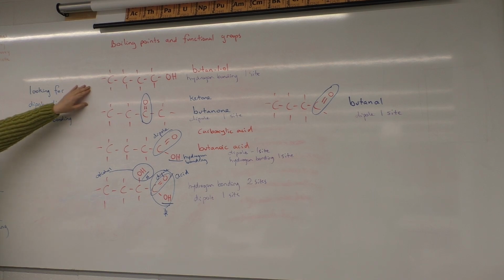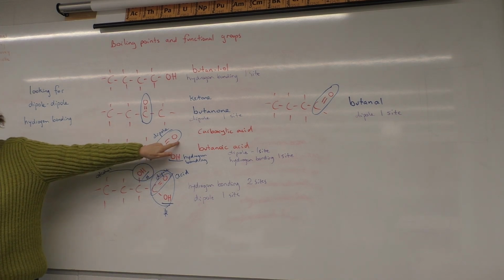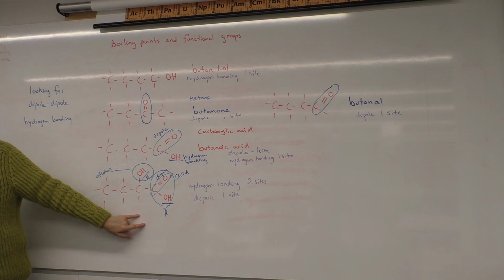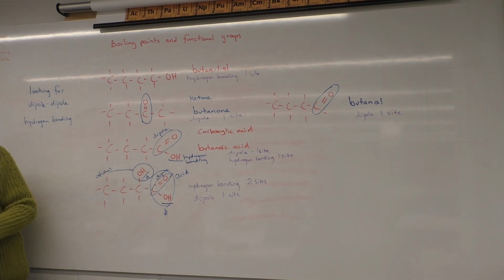Yeah, so it's only got that one kind of attractive force between other molecules. This one's got that and something else. And then what about this one? This will be the highest, won't it? Yep, because it's got 2 sites for hydrogen bonding as well as a dipole. So that's the kind of thing that we're looking at when we're trying to rank molecules as far as boiling points are concerned.